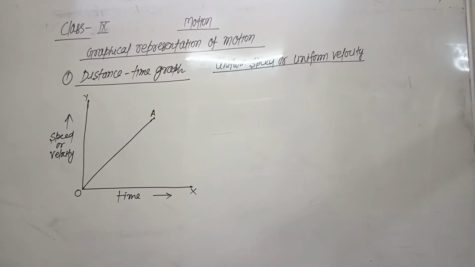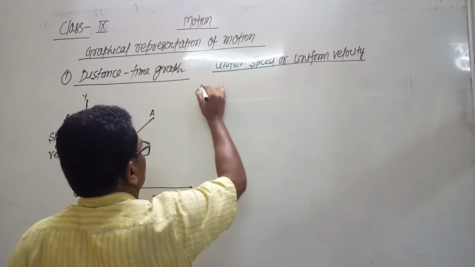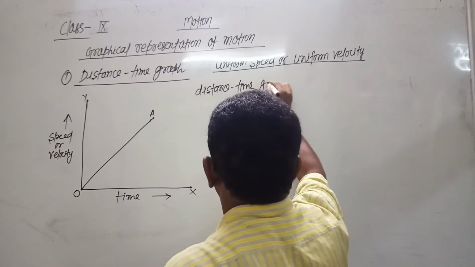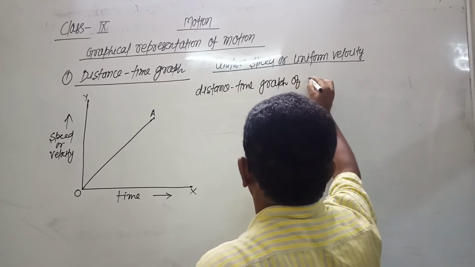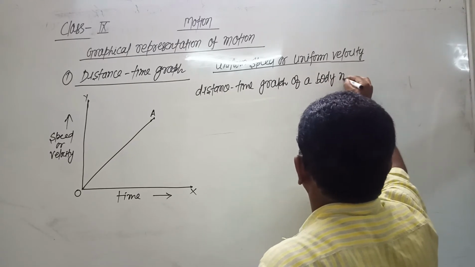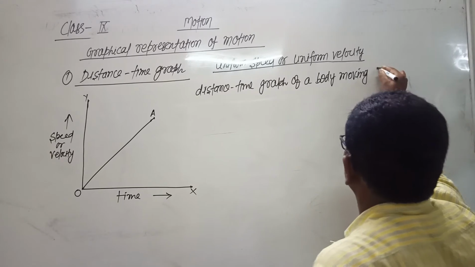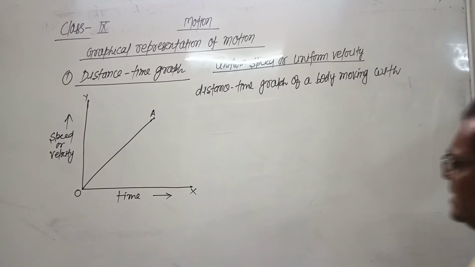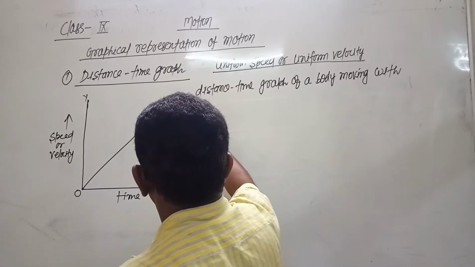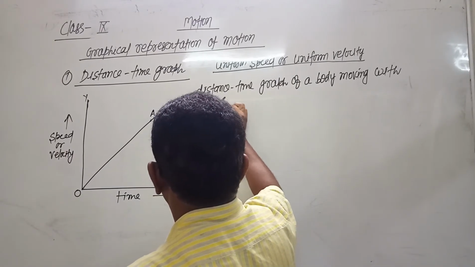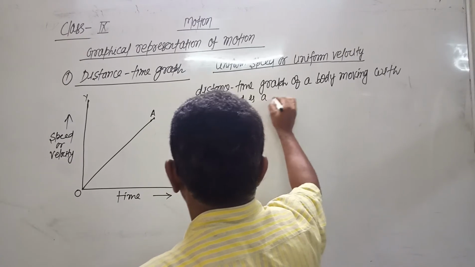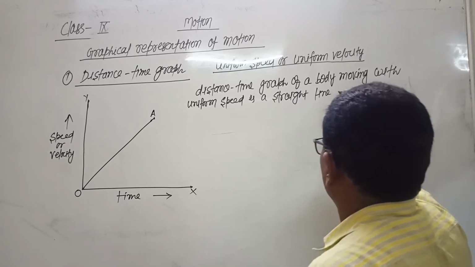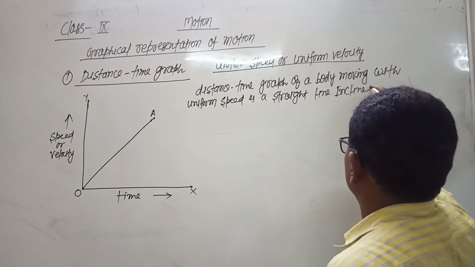So the distance time graph of a body moving with uniform speed is a straight line inclined to the time axis.